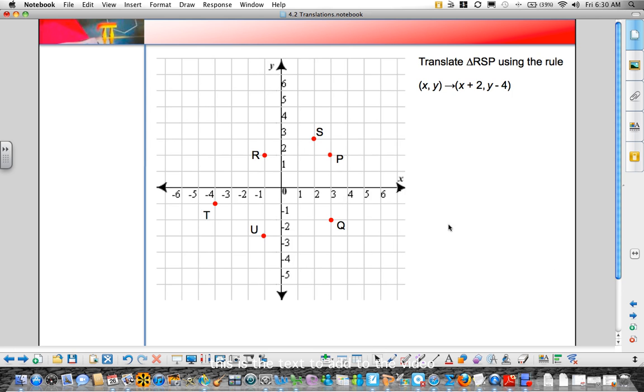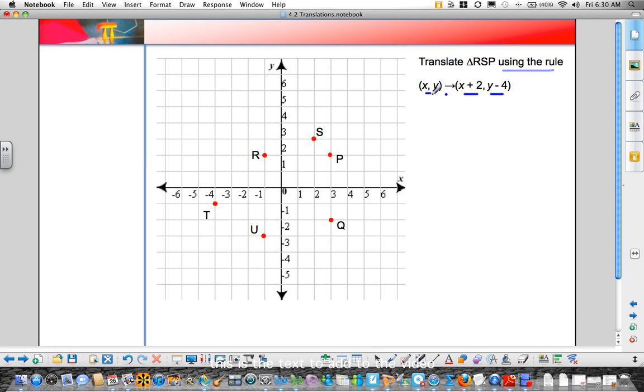Okay, so one more example here, and this is working with a translation with a slightly different form of notation. This asks me to translate the triangle RSP, which isn't there yet, we'll have to draw it, using the rule xy maps to x + 2, y - 4.